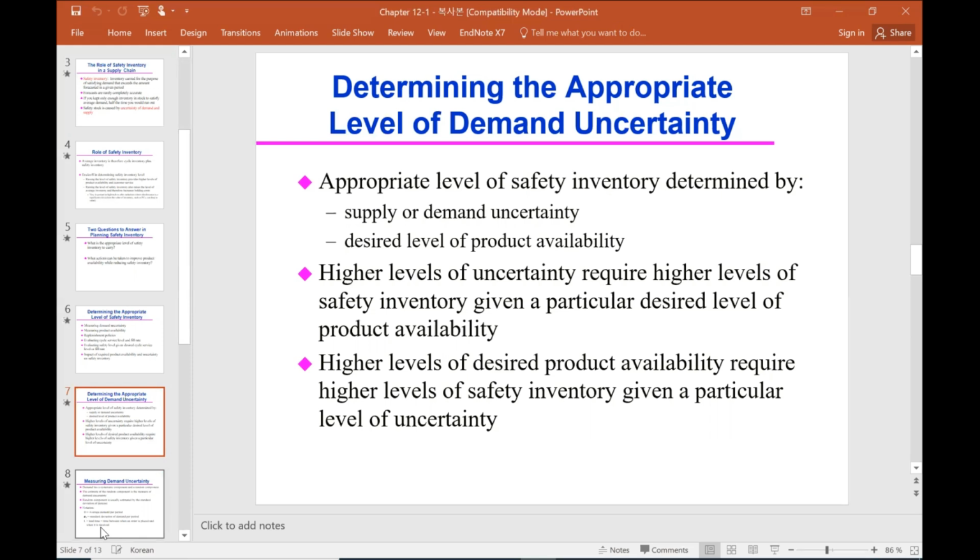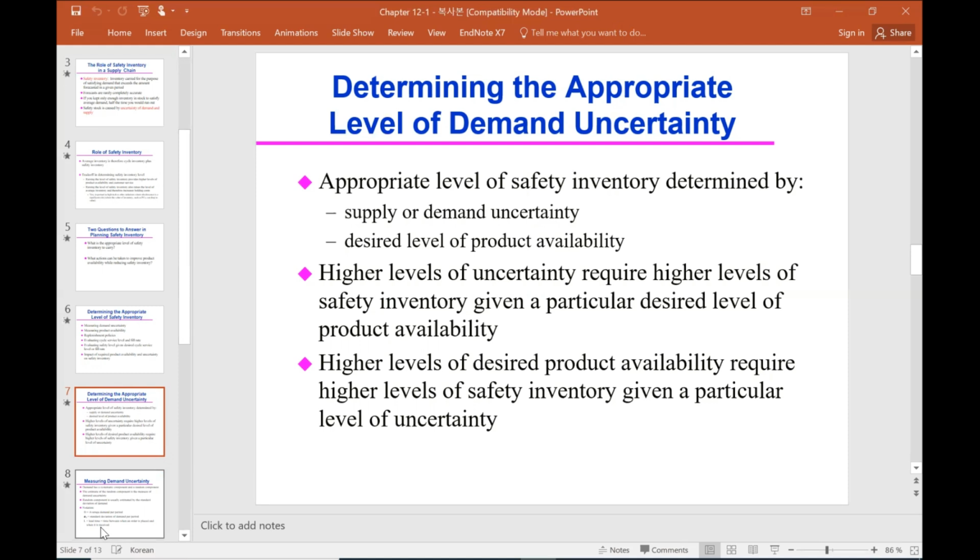How can you possibly forecast your demand 100% correctly? That's impossible. So we have to allow for uncertainty in demand and also supply. And regarding product availability, if you have 100% product availability, it's a good idea, probably the best. But on the other hand, having higher product availability is not free.